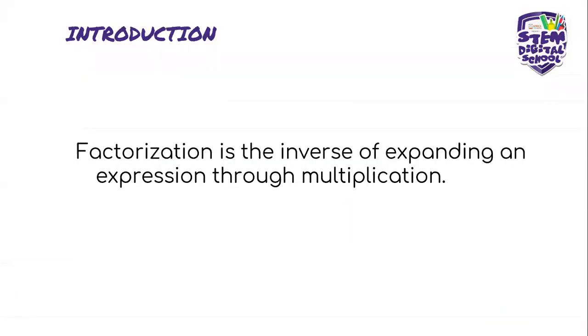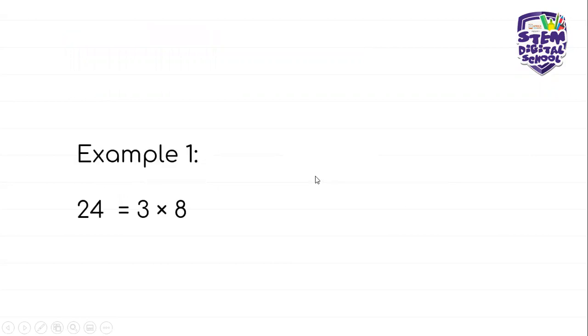We are now going to define factorization as the inverse of expanding an expression through multiplication. So when you take out factors, it will be the inverse of expanding. For instance, if you are given 24 as a number and you want to factorize that number, you will know that the factors of 24, amongst others, are 3 and 8.